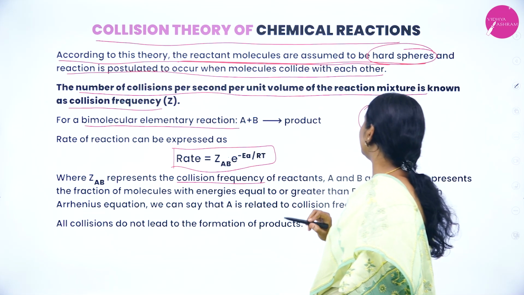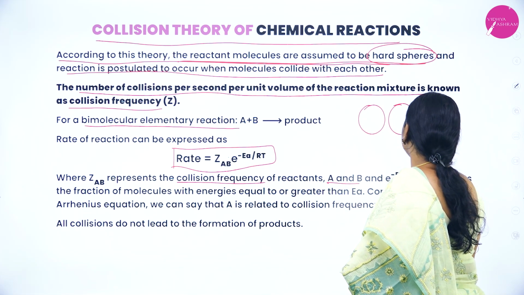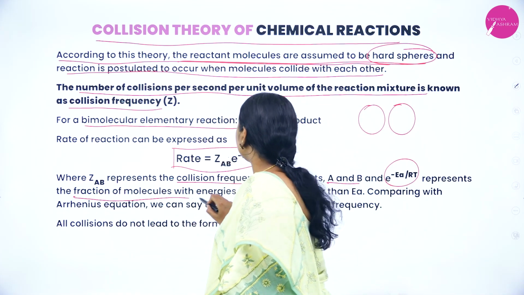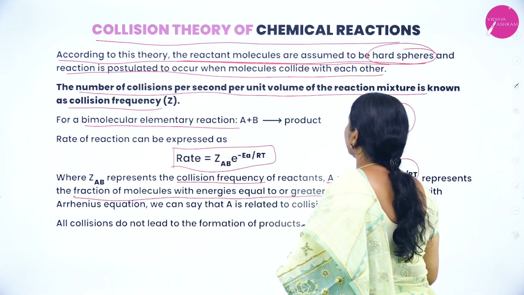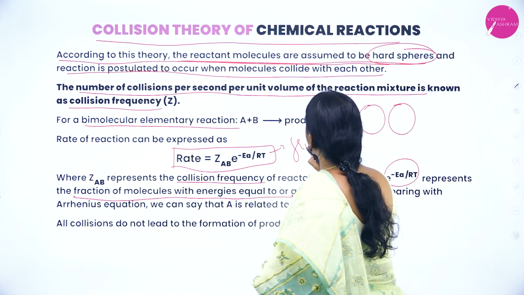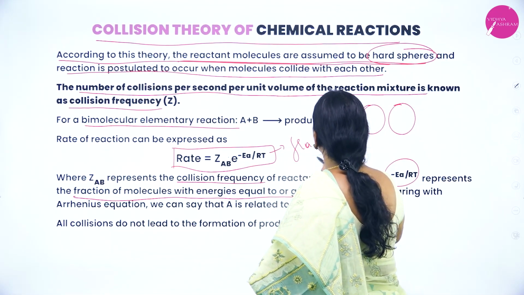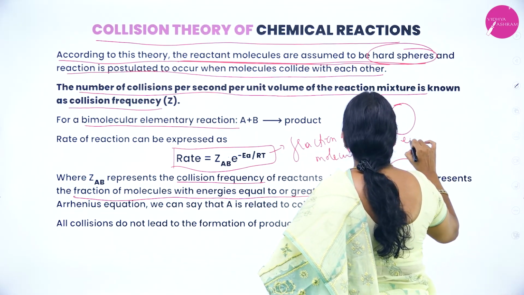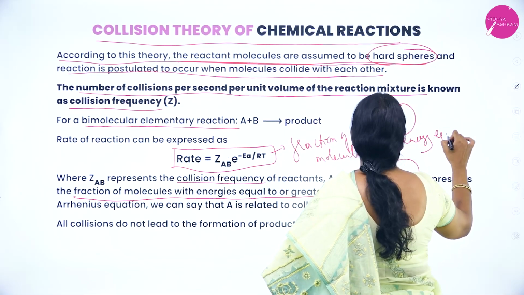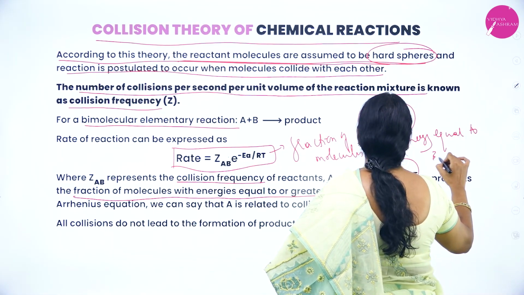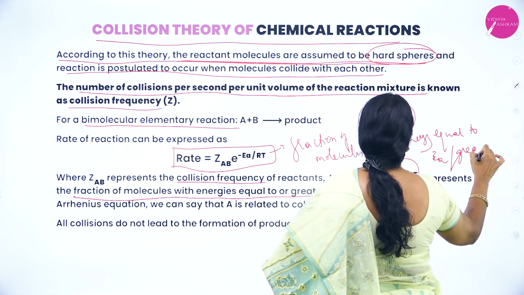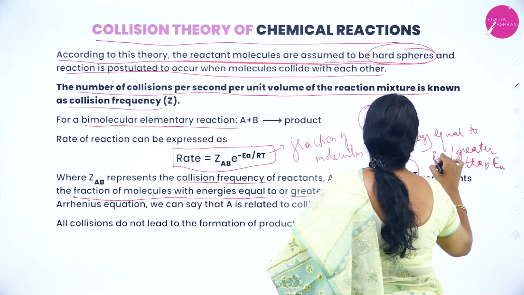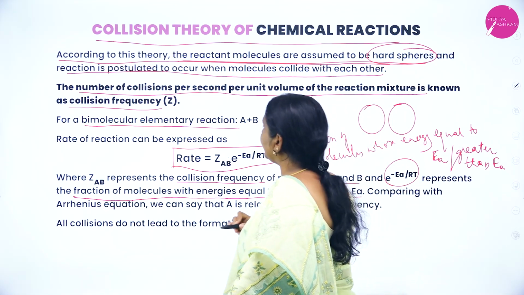ZAB is the collision frequency of reactants A and B. E to the power of minus EA by RT represents the fraction of molecules whose energy is equal to EA or greater than EA.